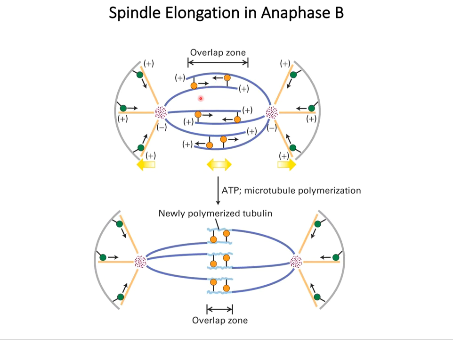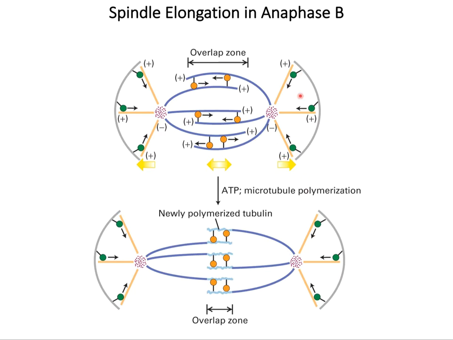The tails are interacting very tightly with one polar microtubule. The head of that kinesin is walking towards the plus end of the microtubule on the neighboring polar microtubule. And that causes these two microtubules to push against each other, and that causes the elongation event.